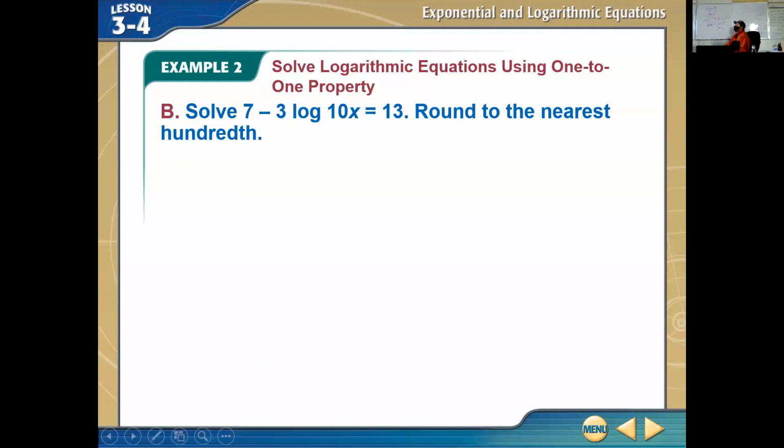Okay. So this one is a little bit tougher. We're solving 7 minus 3 log of 10x is equal to 13. In both cases, I think I'm just going to exponentiate this one. Should be pretty simple.